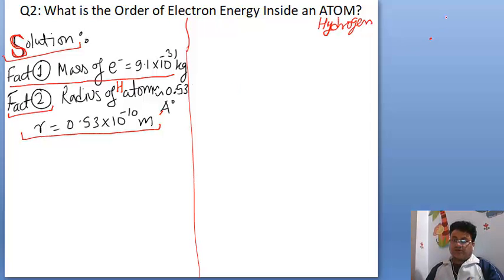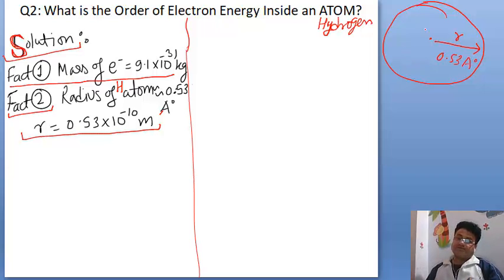So if this is the nucleus and this is our atom, the radius of the atom is of the order of 0.53 angstrom. The electron is not inside the nucleus, we know that. It means the electron is somewhere here, it may be here or it may be here.